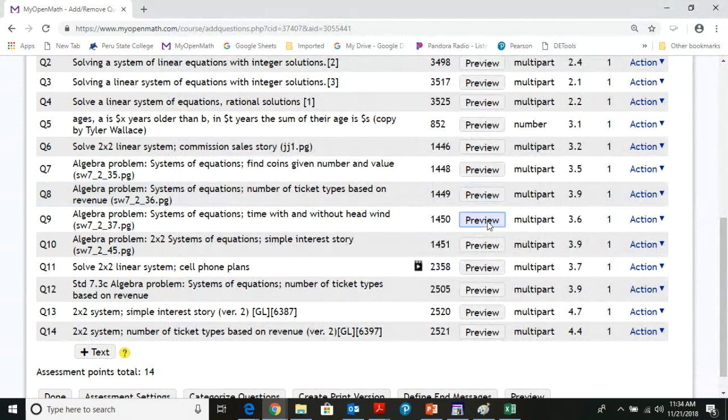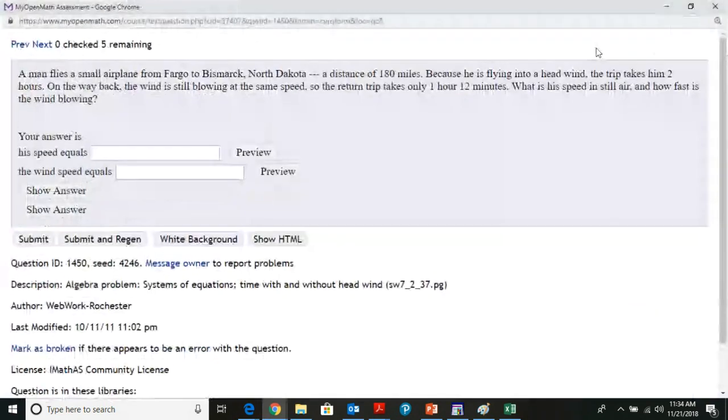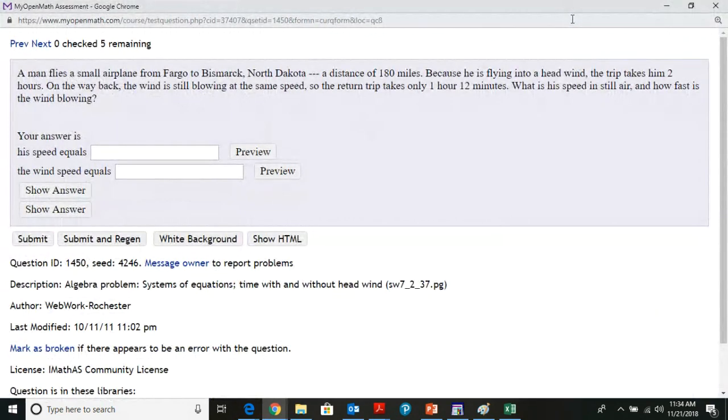Let's do this one because you have one similar to this on your worksheet and maybe on your exam. So it says, a man flies a small airplane from Fargo to Bismarck, North Dakota, a distance of 180 miles. Because he is flying into a headwind, the trip takes him 2 hours.